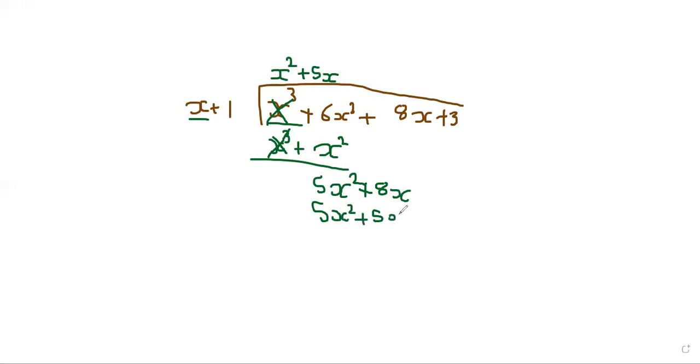Okay, you do our minus again, they cancel out, and we get 3x plus 3. Okay, that gives us plus 3. Then we times the 3 down here, we get 3x plus 3. And then we do our minus and they cancel out. Okay, so that one was pretty simple. It was x plus 1, then x squared plus 5x plus 3.